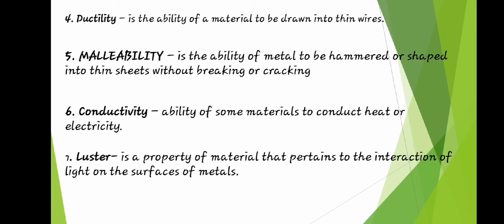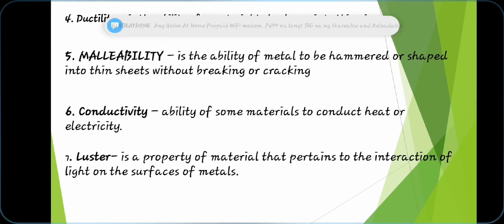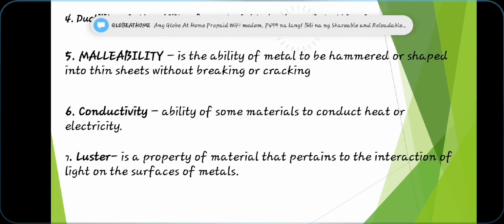So literally, it is the physical property of a metal by which it can be hammered or shaped. For example, a malleable fabric could be flattened by a blow or rolling. So that was malleability.